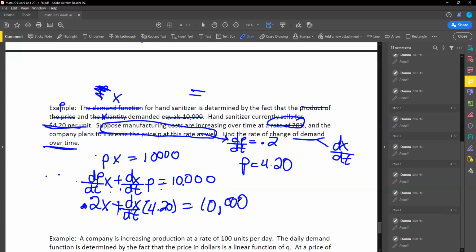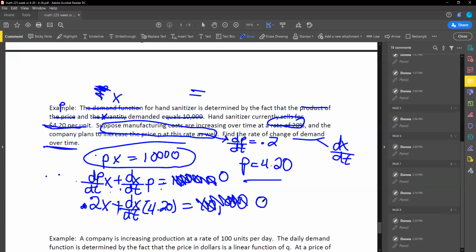All right, so how do I find X? Well, I know what P is, right? And I have a relationship here, so I know that the price times X is 10,000. Oh, sorry, I made a mistake here. The derivative equals 0. Derivative of 10,000 is 0.